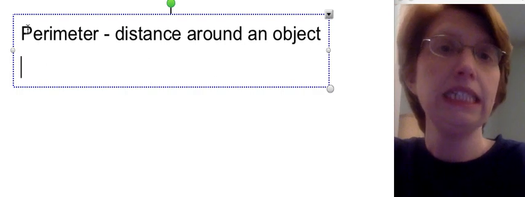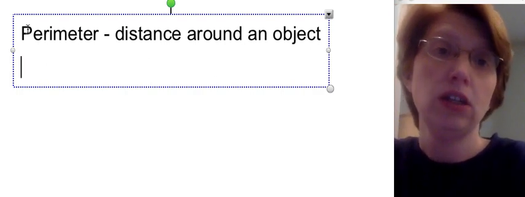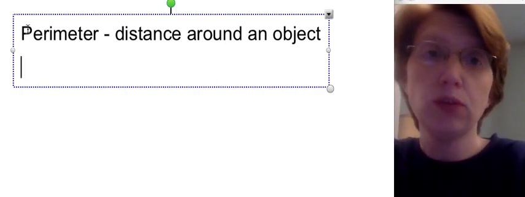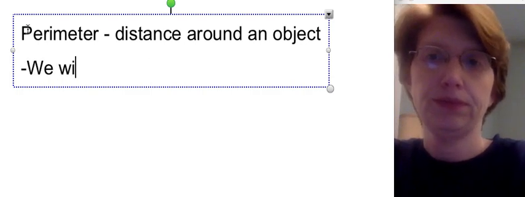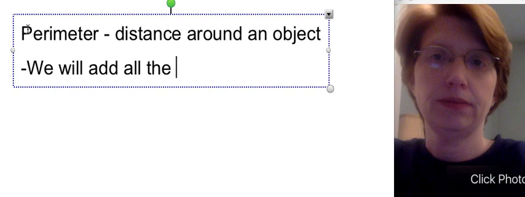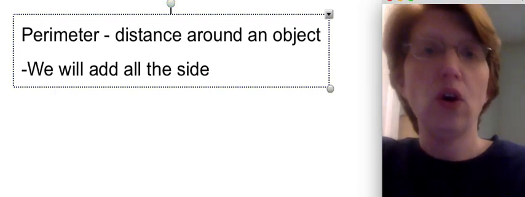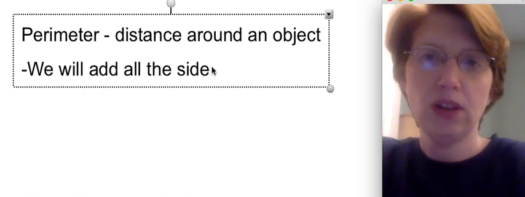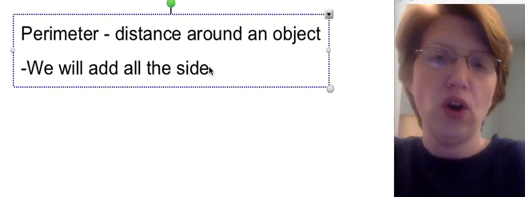Right? The distance around an object. And then when we're asked for perimeter, what are we going to do? We are going to add all the sides, right? Not add all the side, add all the sides.